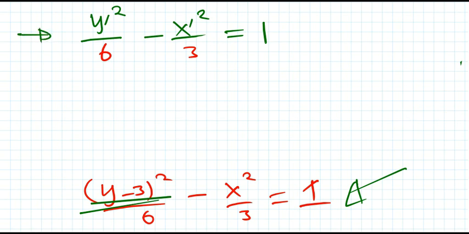Okay, now are we able to use our a, our b, and our c to help us find the foci, the vertices, and whatnot? So when you have a hyperbola like this, the question that you need to ask yourself is which one is the longer distance?